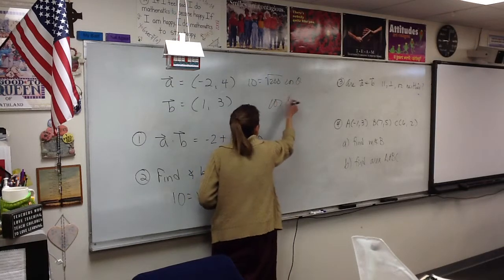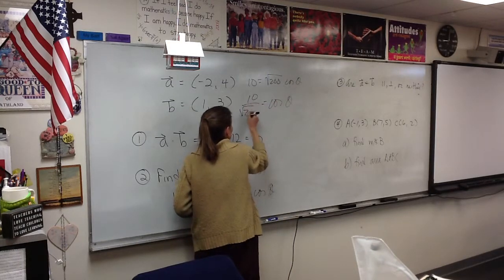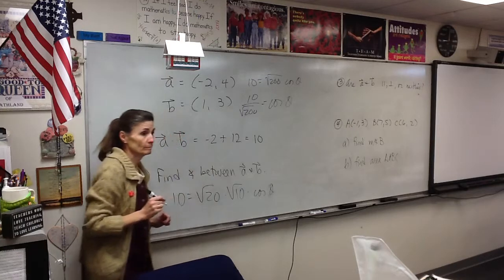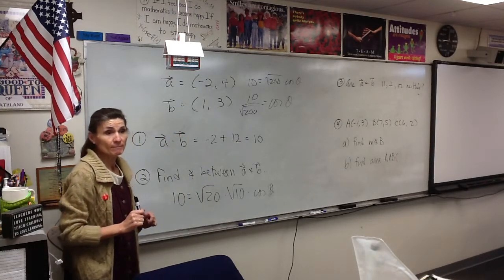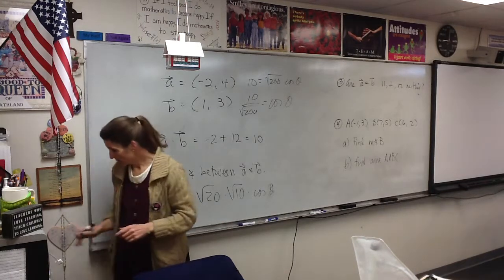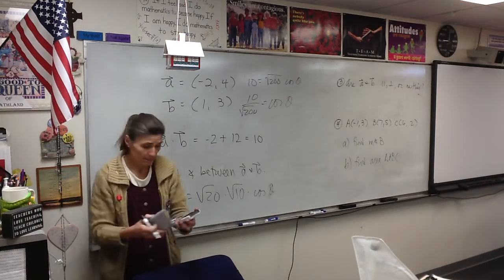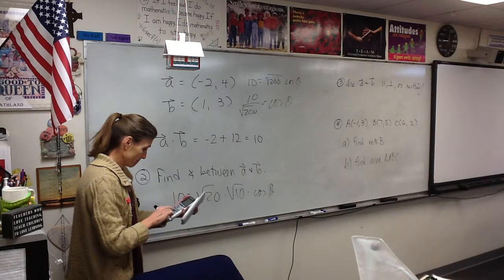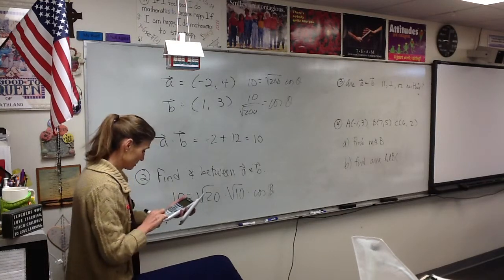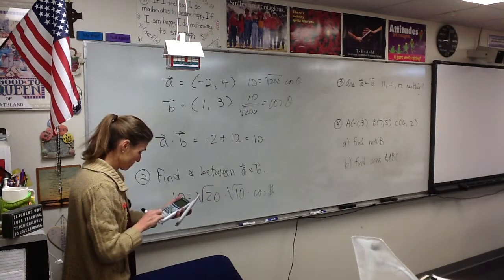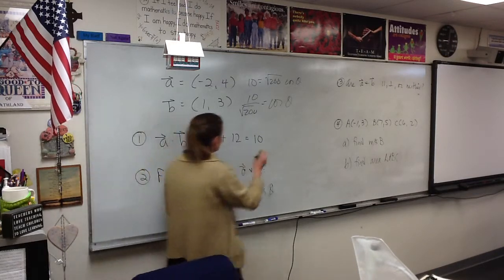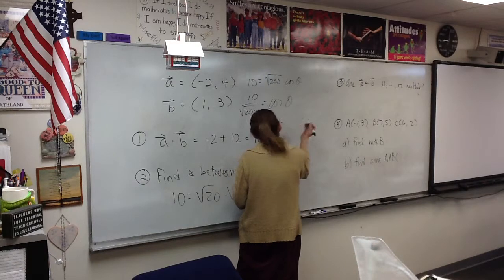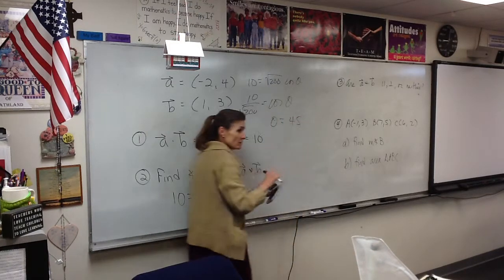So cosine theta equals 10 over root 200. Now what do we do? Calculator. Inverse cosine. And the answer should be, oh my, I got 45. I guess that makes sense. Did you get 45 degrees?